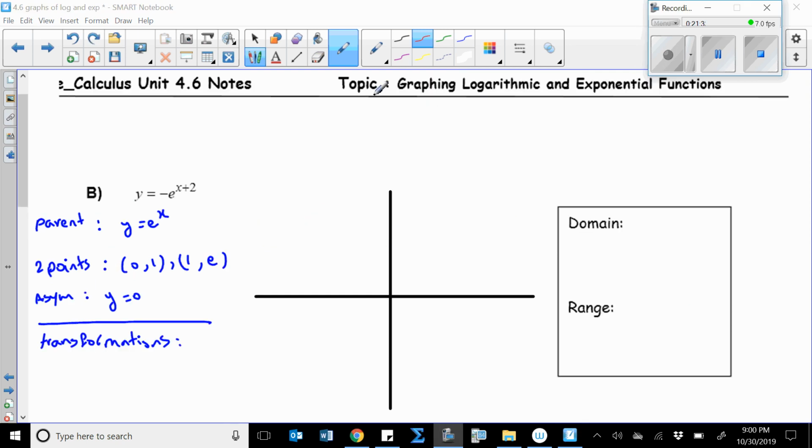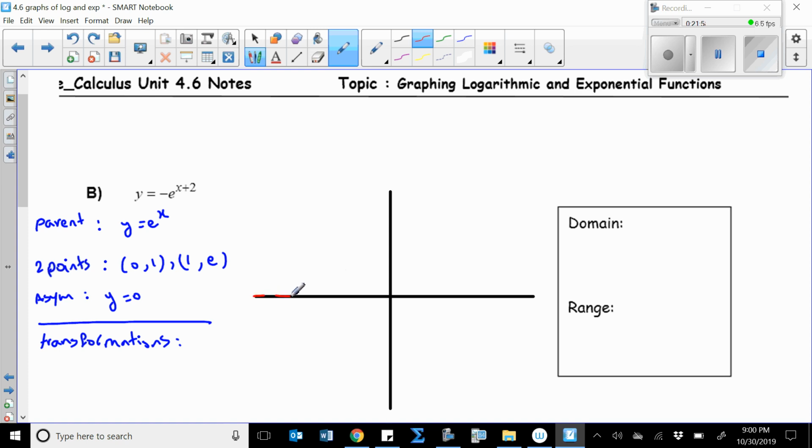Okay, now let's graph this function. This is negative e to the power of x plus 2. In this function, again, in order to graph it, we need to consider the parent function first, which is e to the power of x. The two important points of this parent function will be 0 and 1, and 1 and e. Then the asymptote of all exponential functions is y equal to 0.